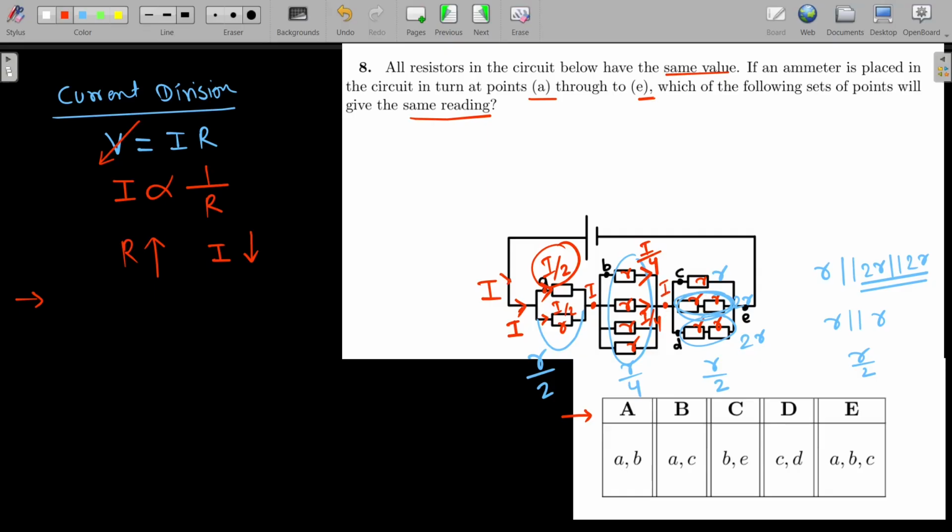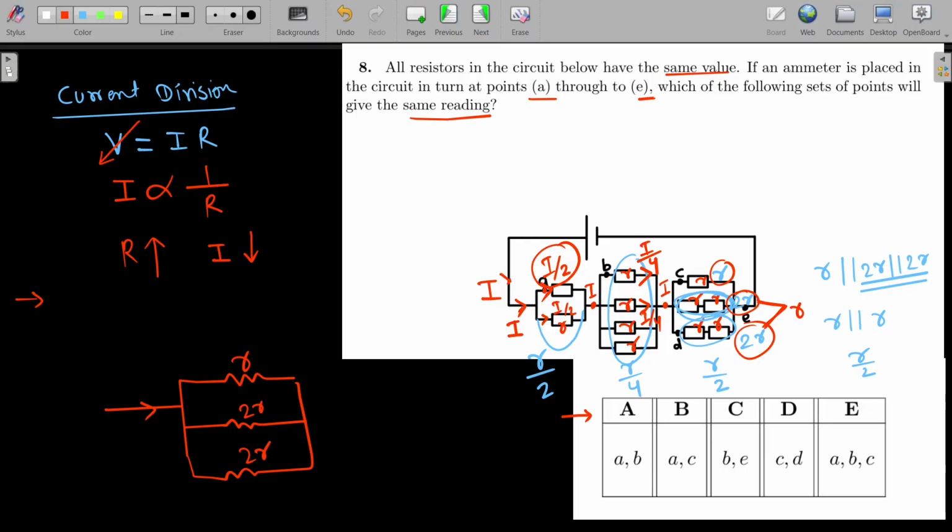Now we have to apply the current division rule in the third parallel branch. In this branch, you can see there is R, 2R, and 2R, and the parallel of 2R and 2R is R. This is R, this is R, this is 2R, this is 2R, right?